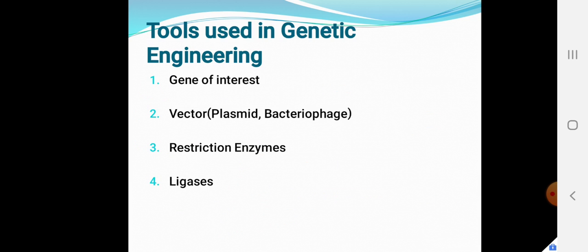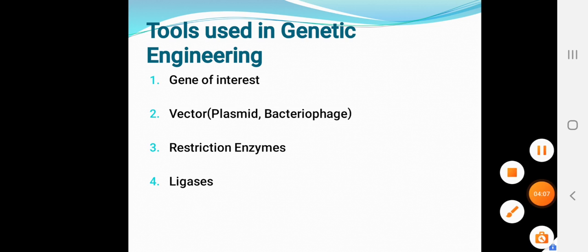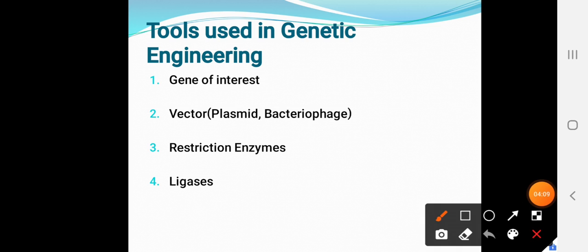What are the tools used in genetic engineering? First of all, the gene of interest, meaning the gene we require to be produced in our organism. Second, the vector, which may be a plasmid or a bacteriophage. Third, restriction enzymes.